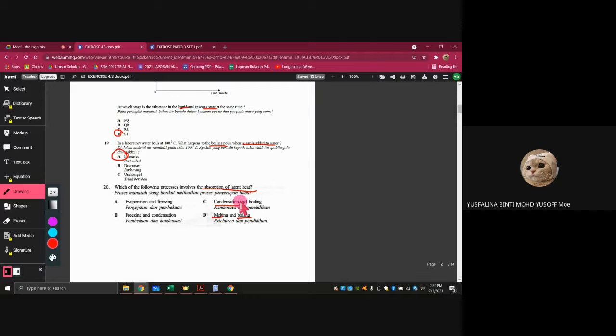Heat is absorbed to break the bond, and heat is released to form a bond. Absorb means you have to absorb heat to break the bond between molecules. So of course it should be melting and boiling. So the answer is D.